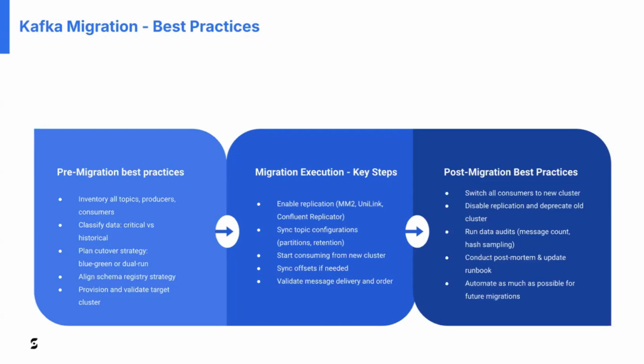Offset syncing is often a pain point, but UniLink automates it and helps ensure you don't double consume or skip any messages. And finally, validate the messages. Use hashing or data integrity checks to make sure everything matches while you're doing the actual migration execution, right?